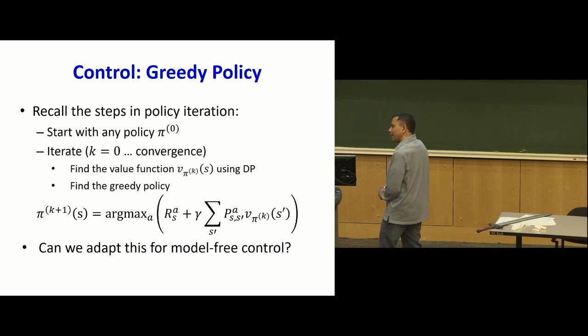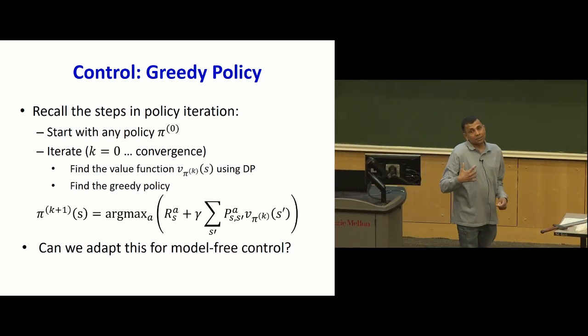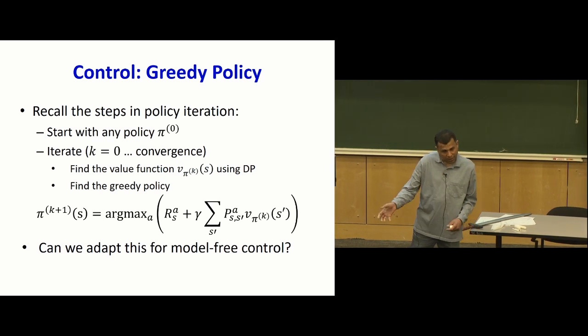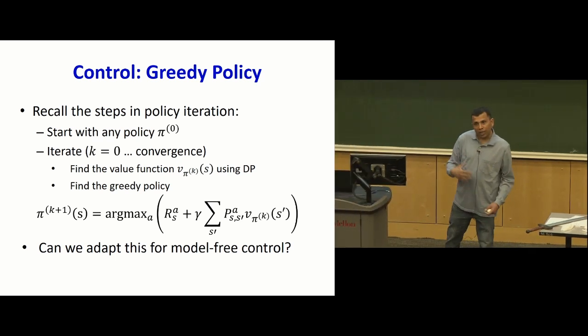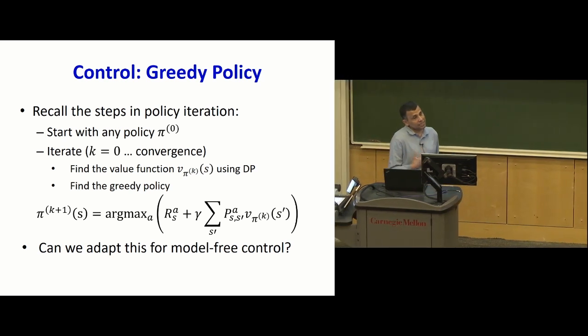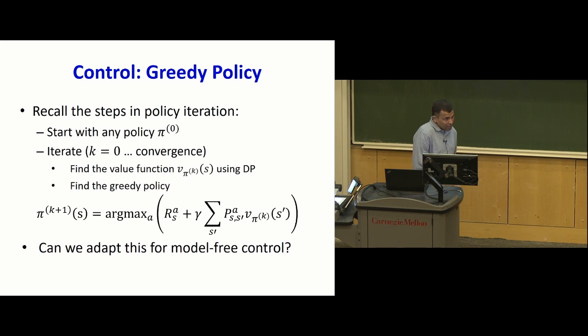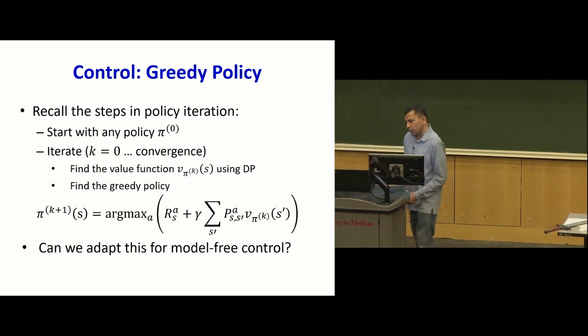And then once you had the values for all the states, you could use these values to estimate a new policy, saying this would have been a better thing to do than what I started off doing. Then you used the updated policy to go back and estimate the values for all the states and repeated the process till you got a converged policy.